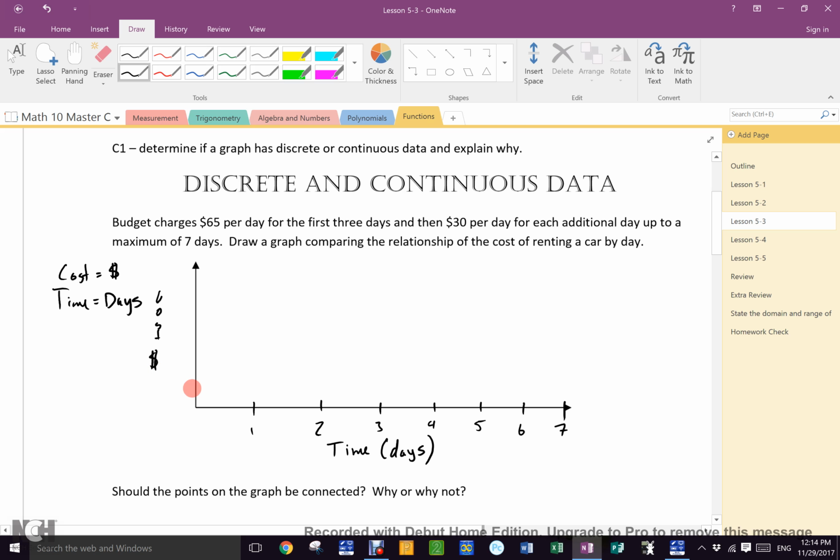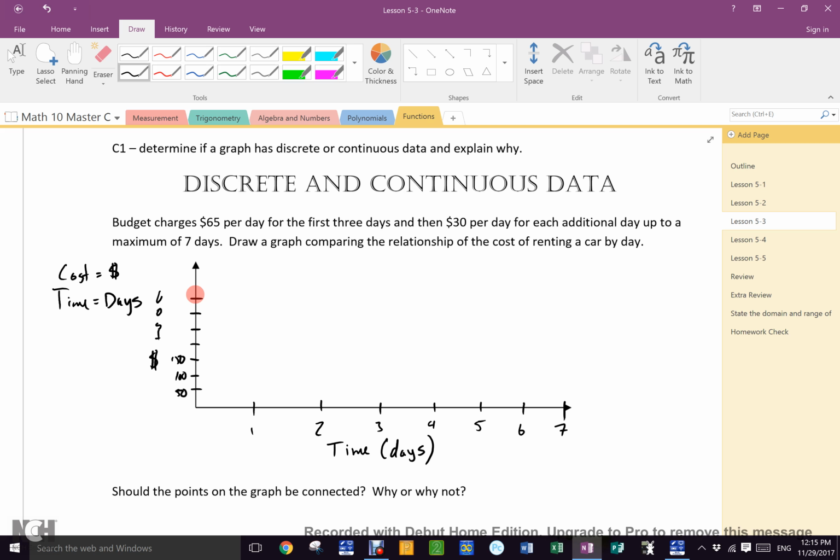Let's go up by 50. 50, 100, 150, 200, 250, 300, 350. Is everybody cool? Everyone agrees with how we've set the graph up? Everybody can follow it?